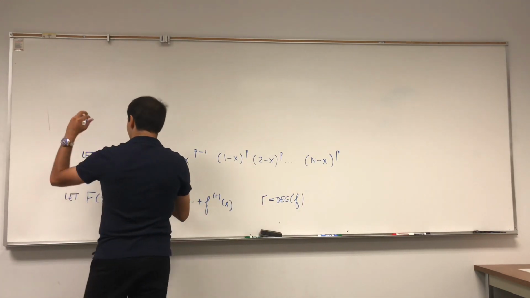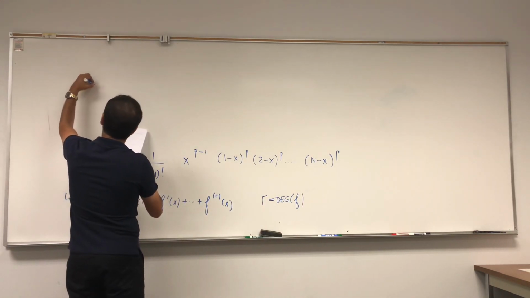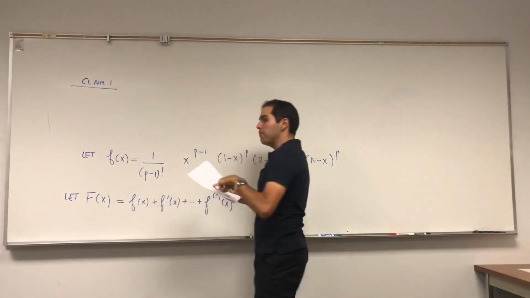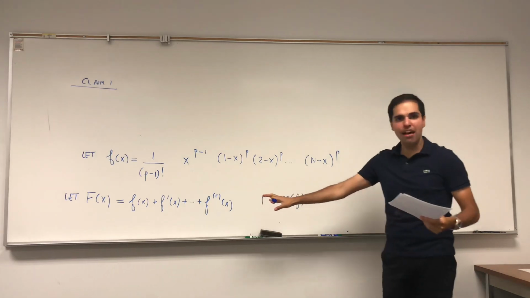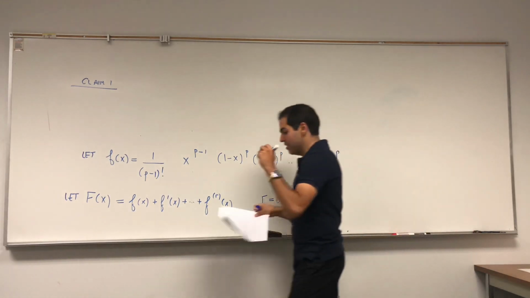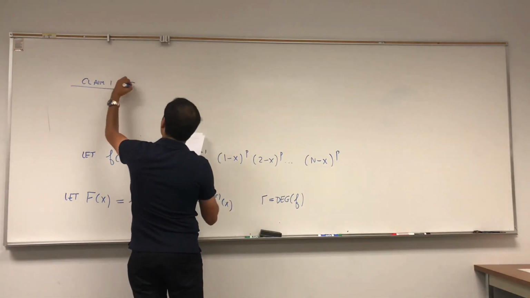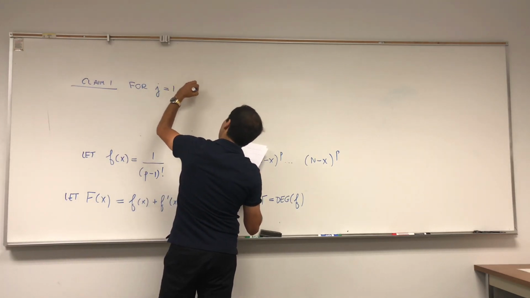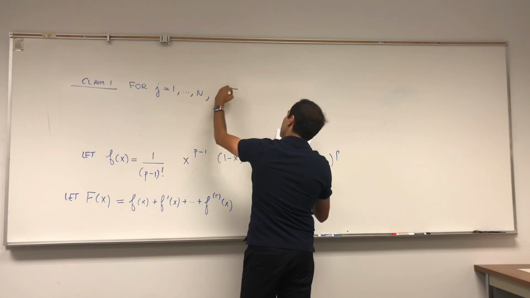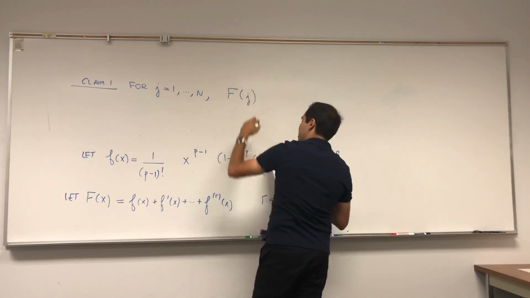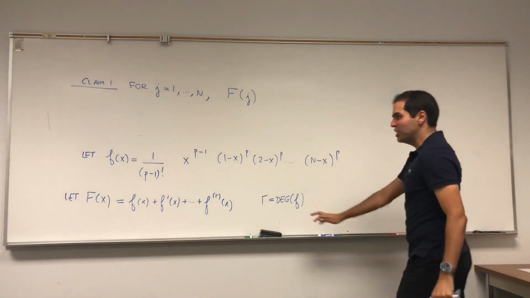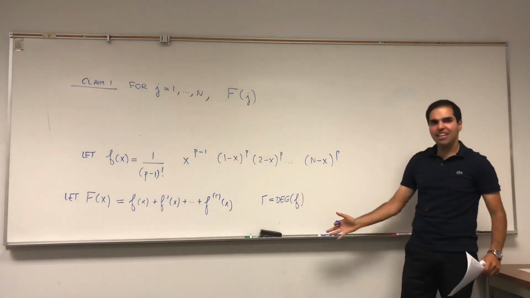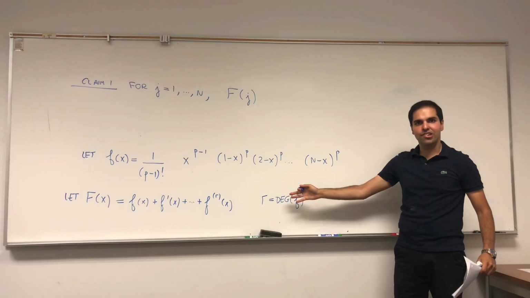So, first of all, claim 1. What happens if you evaluate capital F at integers? So for j equals 1 up to n, F of capital J, again, there is this huge number here, p minus 1 factorial. It's not even clear that it's an integer.